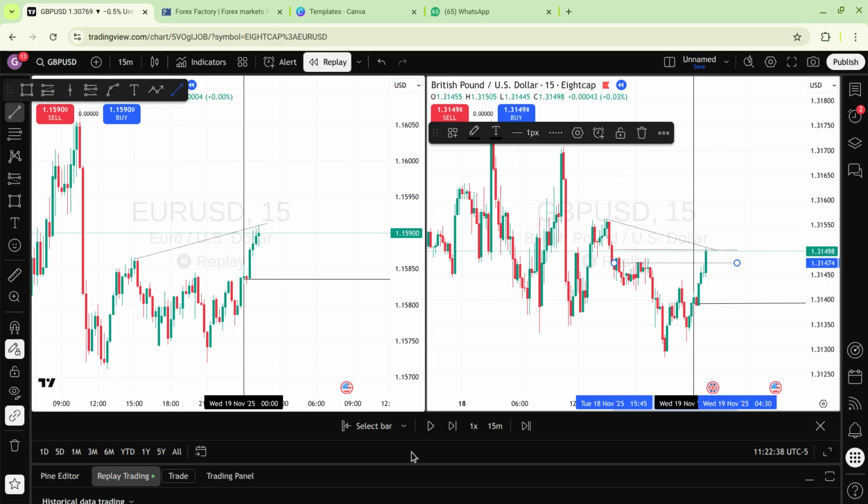But then we still had to let it play out a bit because this is 1:15. So maybe let me just skip by one candle. Here I was still watching, and if you can see on the GBPUSD side, we were respecting the fair value gap I had marked.